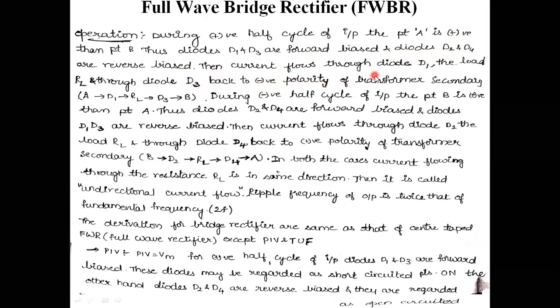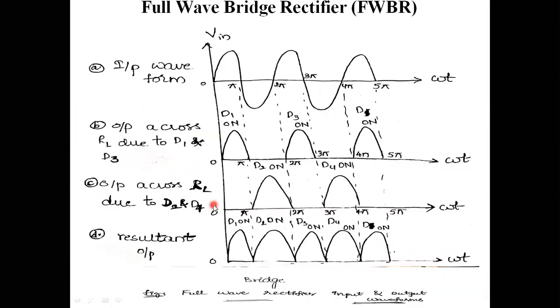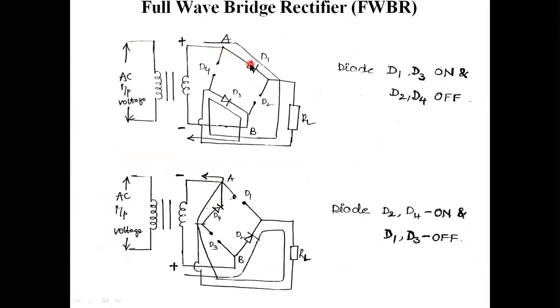Then current flows through diode D1, the load RL, and through diode D3 back to the negative polarity of the transformer secondary. That means A to D1 to RL, and through RL to D3 and B. Point B is negative, like that we can consider.